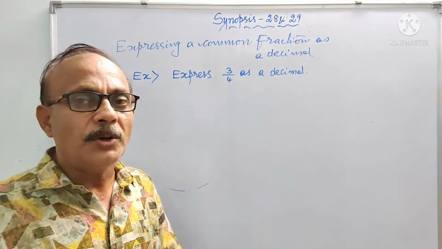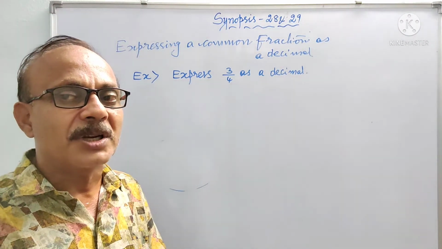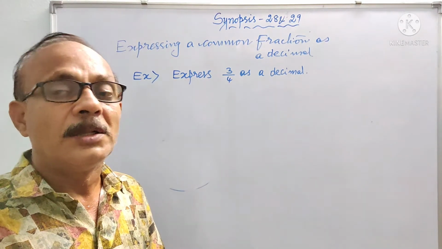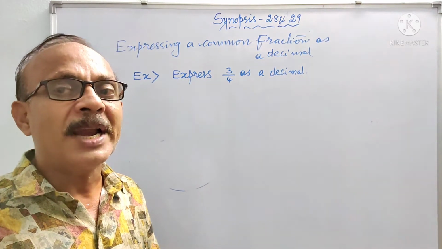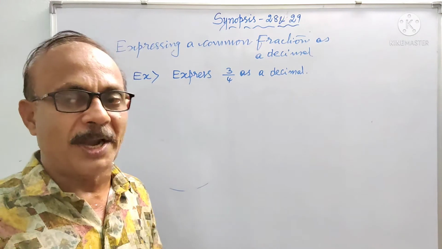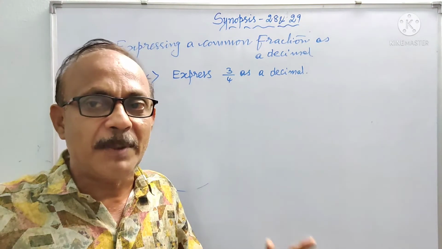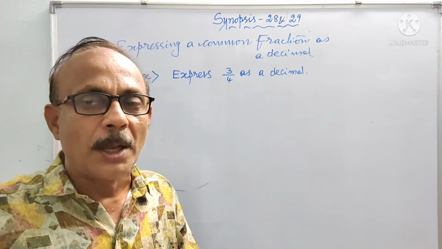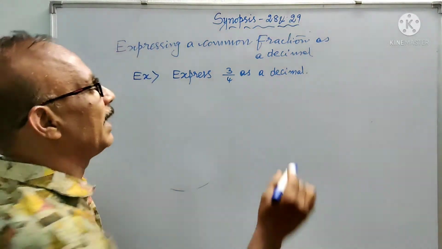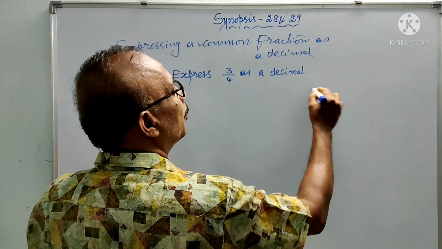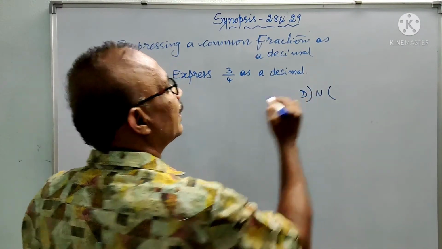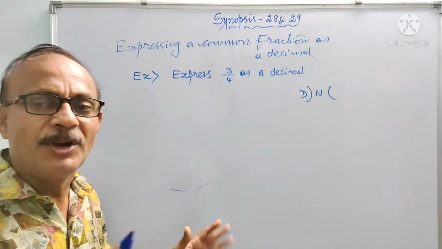So whenever you want to convert a common fraction into a decimal, the only thing is numerator must be divided by the denominator. Don't keep in mind that a big number must be divided by the small number. No. Numerator must be divided by the denominator. Whichever is big, we don't mind.